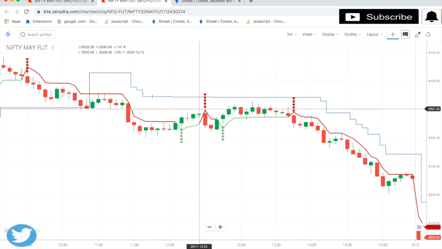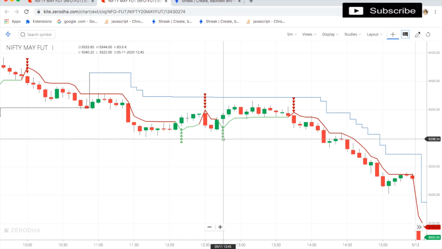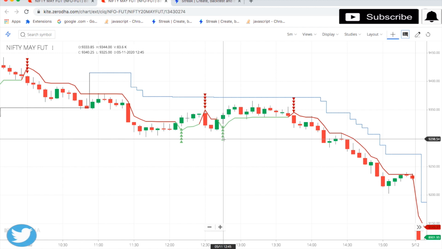But in Zerodha it is generating more fake signals. So I have already made a TTL tool in TradingView. The code is also available, you can download and run. It generates fewer signals compared to the tool included in Zerodha, with the help of ATR and Supertrend. The link is given below in the description box.